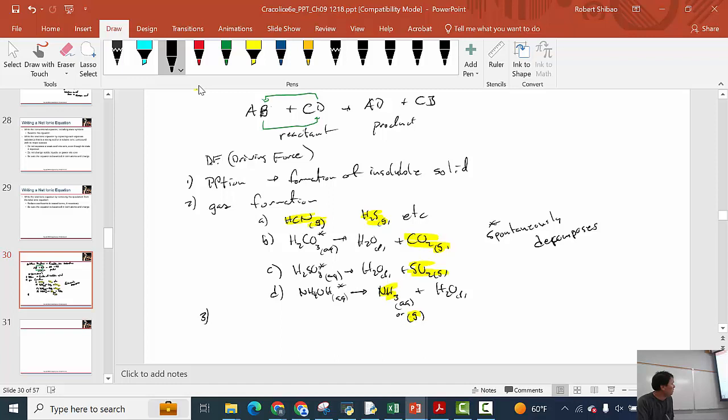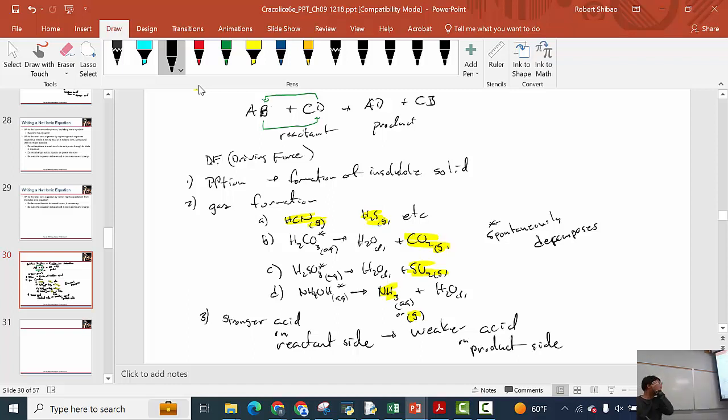3, if we go from a stronger acid on the reactant side to a weaker acid on the product side, so this is also a driving force as well.